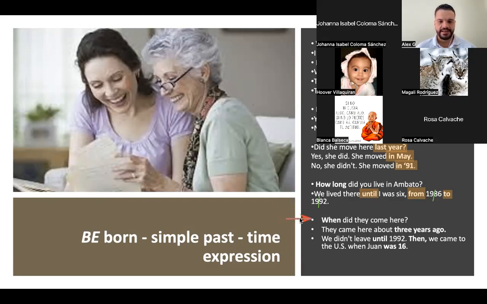And we have one last one. Joanna, can you please read the last one? When did they come here? They came here about 3 years ago. They came. They came here about 3 years ago.